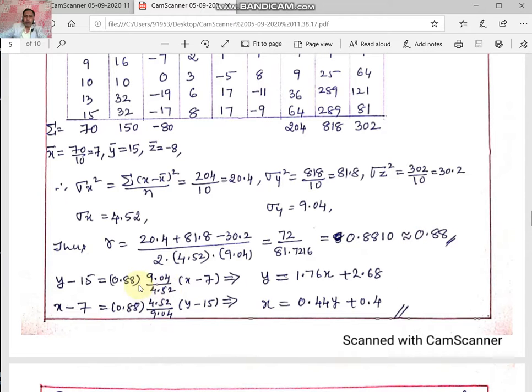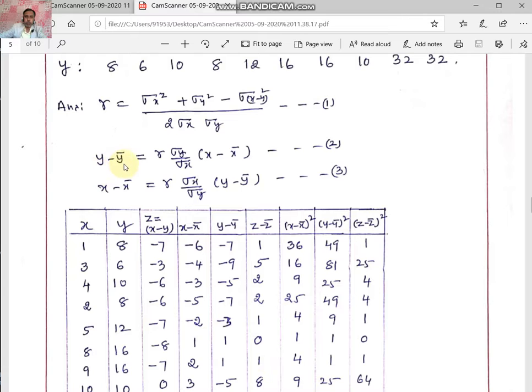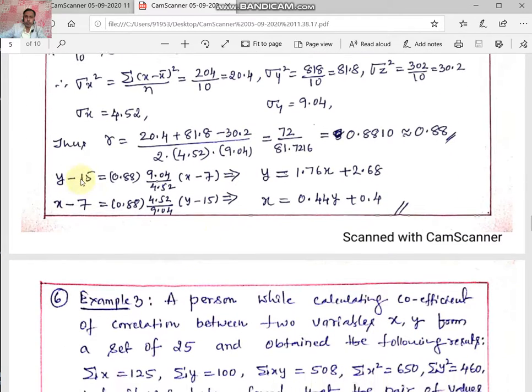And now the lines of regression. We know the formula: y minus y bar is equal to r into sigma y by sigma x into x minus x bar. Substitute all values here. That gives y is equal to 1.76x plus 2.68. This is the line of regression of y on x.